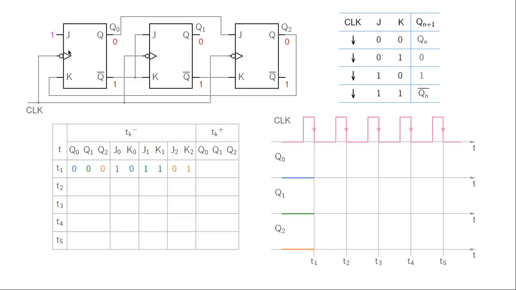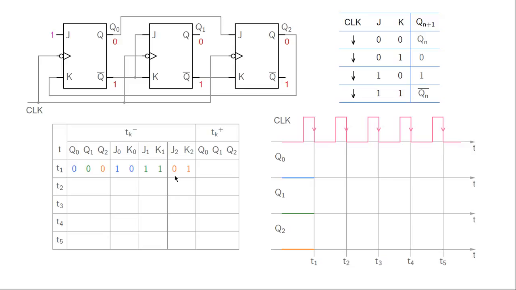J0 is always 1, K0 is the same as Q2, and Q2 is 0 at T1 minus, so therefore K0 is 0. J1 and K1 are tied together and they are equal to Q0 bar. Since Q0 is 0, Q0 bar is 1, so that's why we have J1 equal to K1 equal to 1.